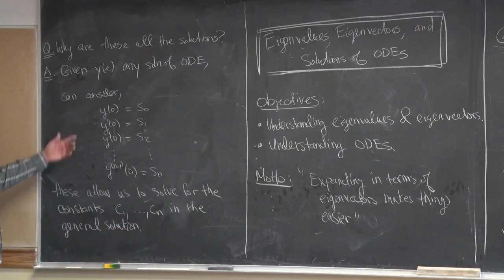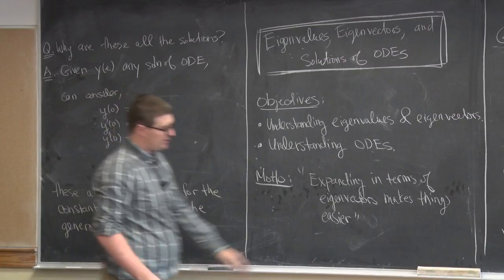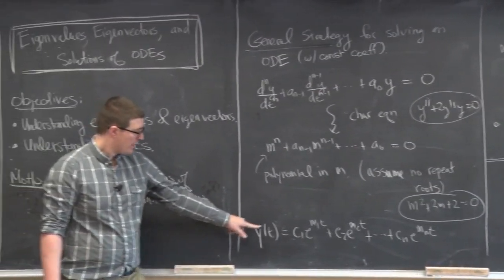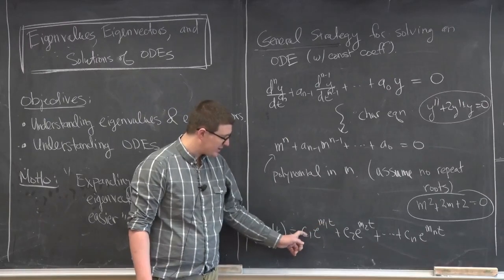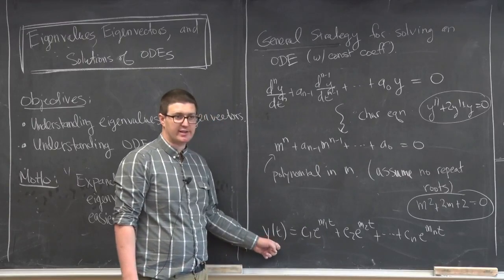Do you see how this works? I plug in 0 here, and I'm going to get the sum C1 through Cn, and that's going to be equal to S0.